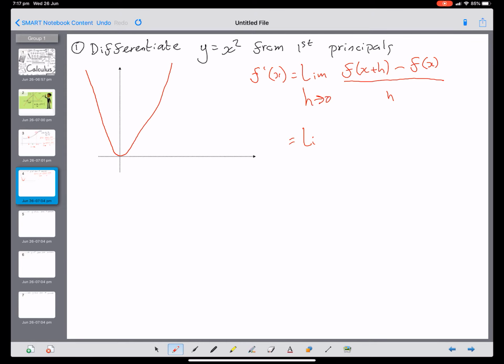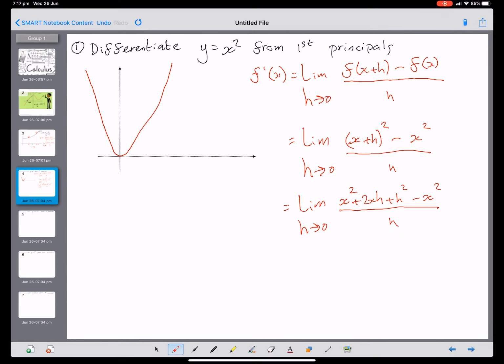Okay, so let's write this down again. Limit h to 0. And we know for every value of x, we need to add h, subtract f of x, which is x squared, all over h. Okay, so let's start working this out then. Square the first, square the last, double the product, minus x squared, all over h.